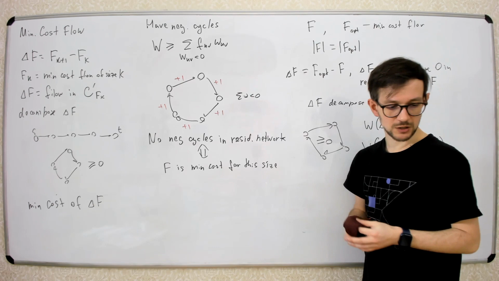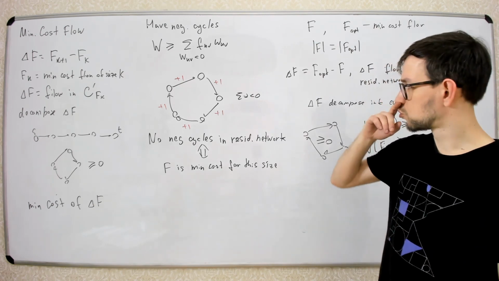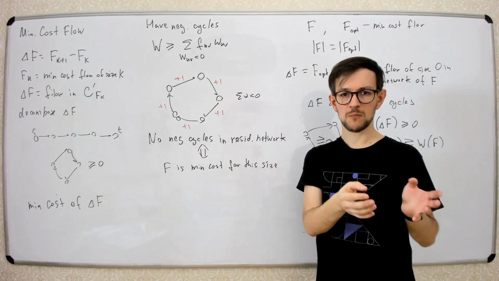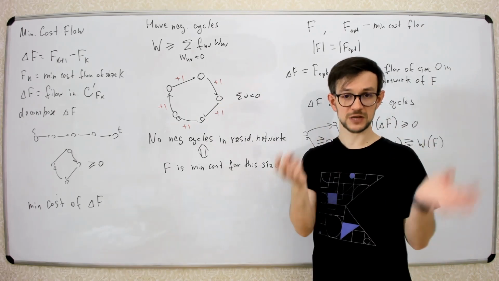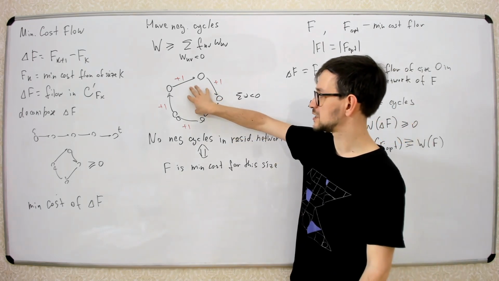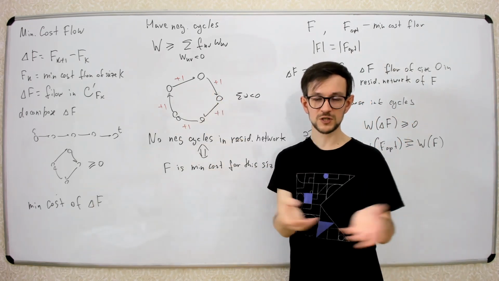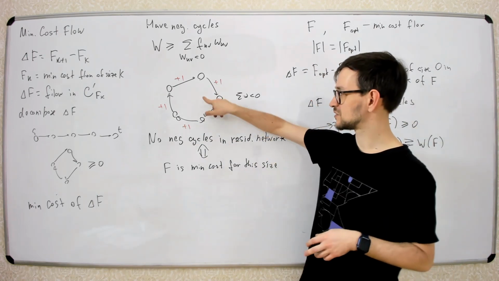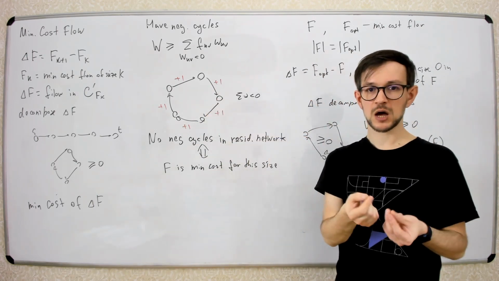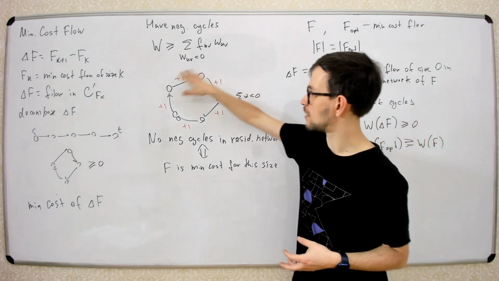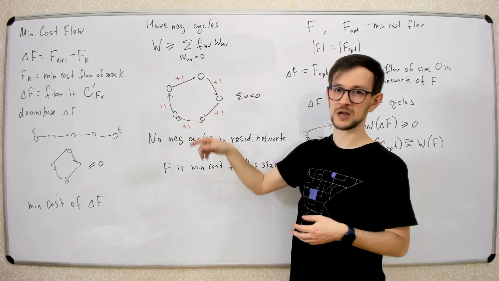It's done like this. You need to push the liquid. You need to use not just any negative cycle, but a good negative cycle. And the idea is to use the negative cycle of the minimal possible average cost. So you find the negative cycle which minimizes the ratio between the sum of all these costs and the number of the edges here.